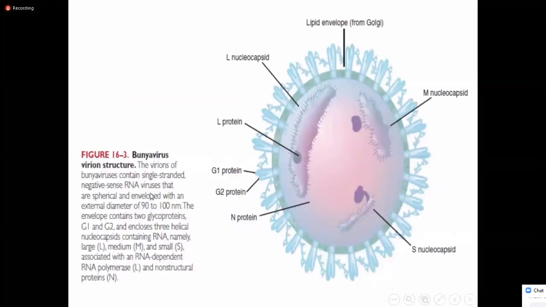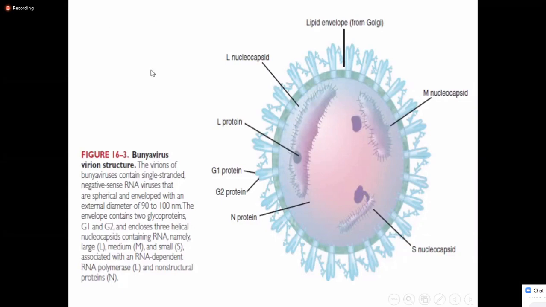The third virus, bunyaviruses, the virion structure, again single-stranded, negative sense RNA. You know the difference between negative sense and positive sense RNA. Just to remind you, the positive sense can be copied directly. The negative sense has to be changed to DNA and then copied to produce the transcription.